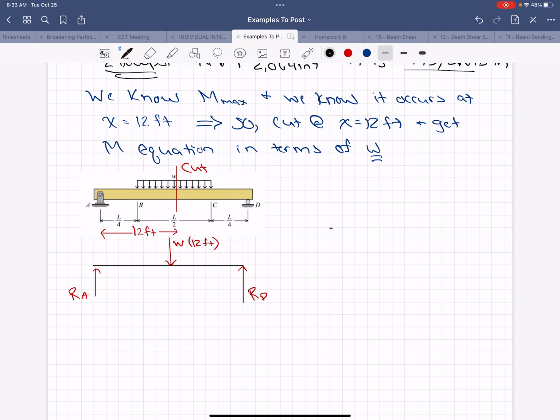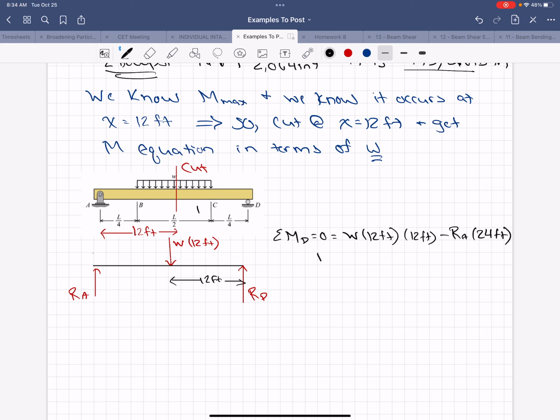So if I sum moments about D again, it equals a positive W times 12 feet times another 12 feet, all minus RA times 24 feet, the length of the beam.